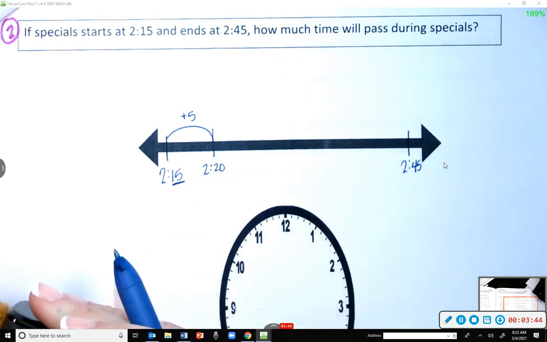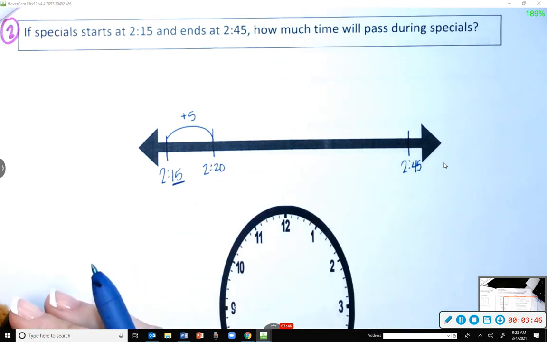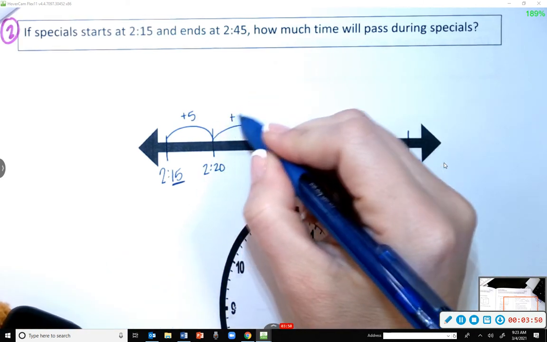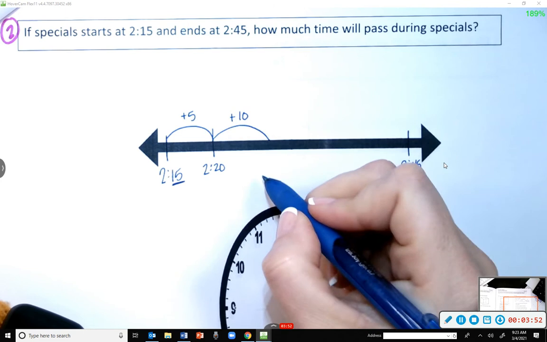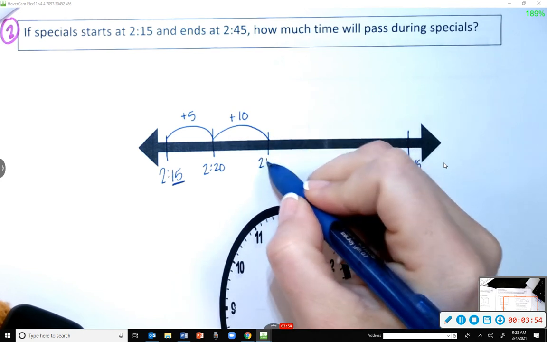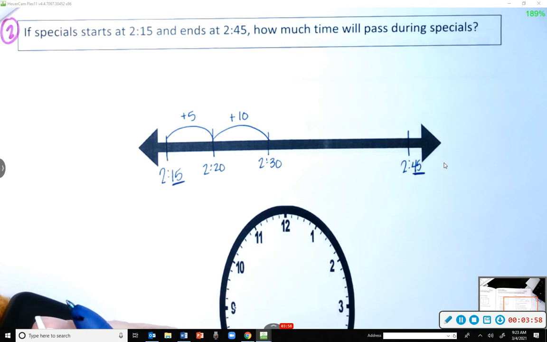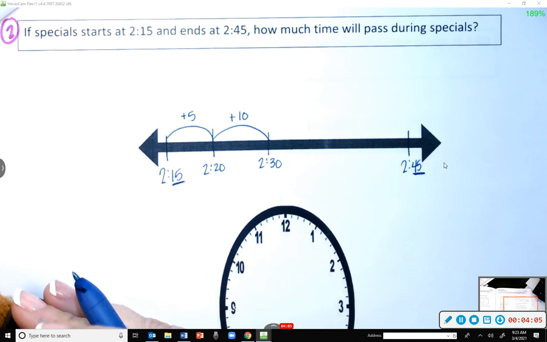Okay? What would we want to skip by now? 10. Okay, so 20 minutes plus 10 minutes would be 2:30. So I need to keep going until I get to 2:45. Bryson, what should we skip by now? Another 10.